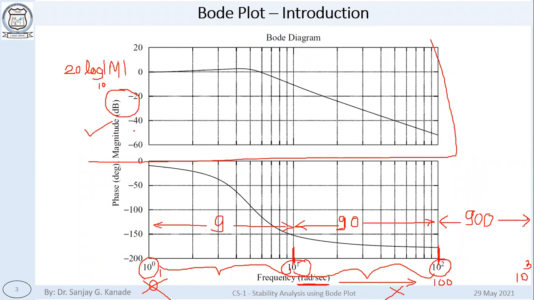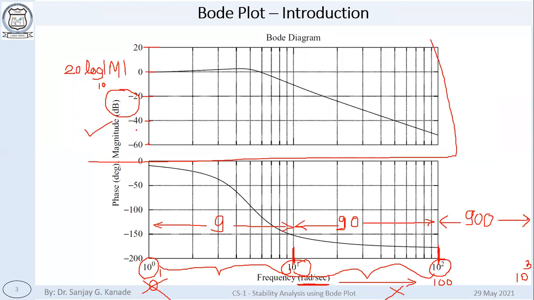So in a way, the magnitude plot is also logarithmic values of the gain, but the values are converted, and the scale itself, if you see, the scale itself of the graph is linear. These are linear values, right?